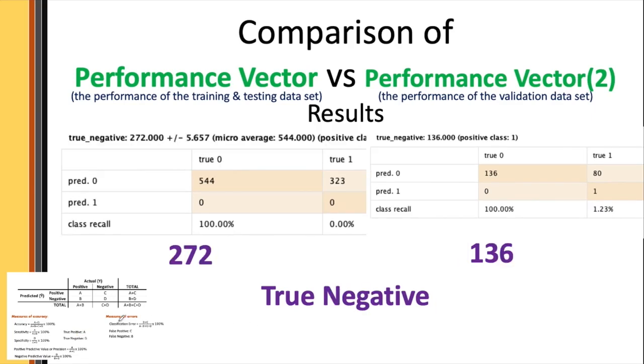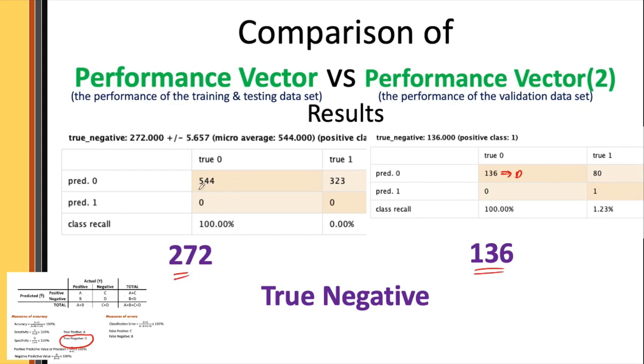And for the true negative, which is the value of D, in this case, this is the value of D, we have 136 for the performance of the validation dataset and 272 for the performance of the training and testing dataset.